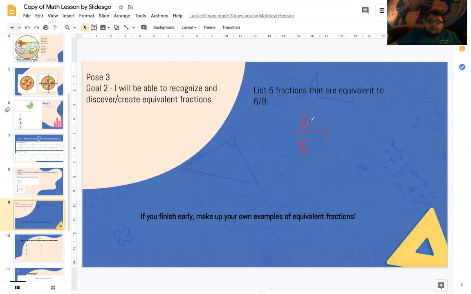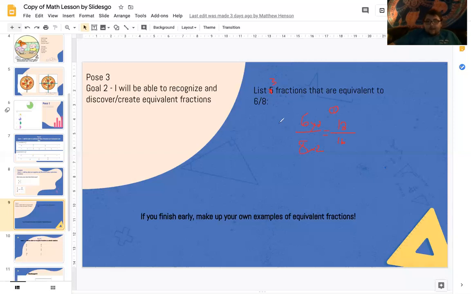So let's do 6 times 2. That equals 12. 8 times 2, because I have to do the same thing on the bottom, is 16. So 6/8 is equivalent to 12/16. So that's one equivalent fraction. So I'm just going to do 3 of them.